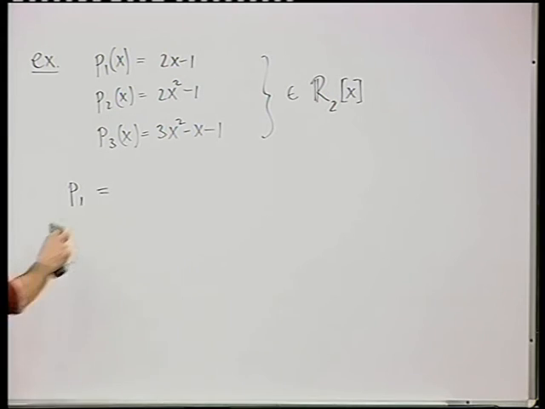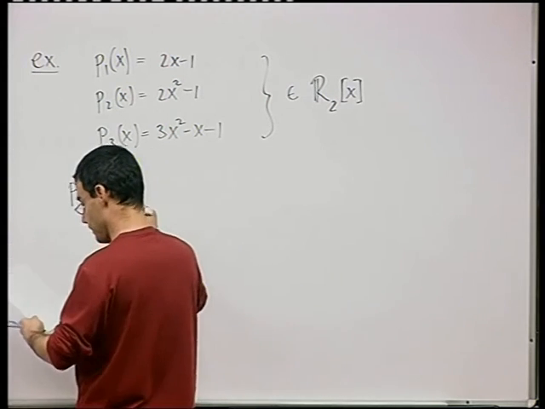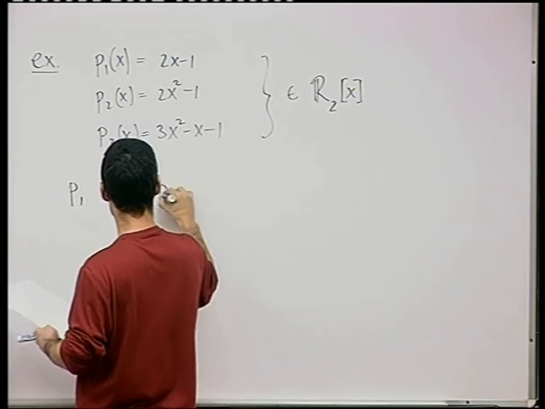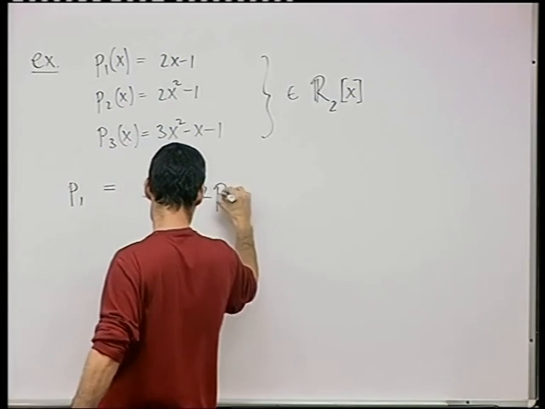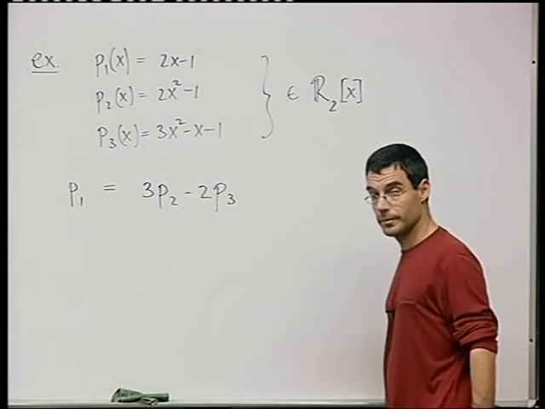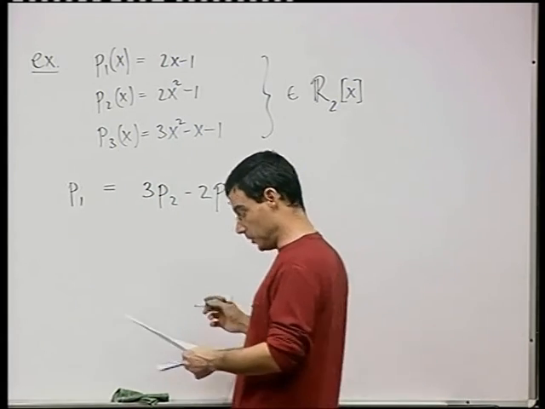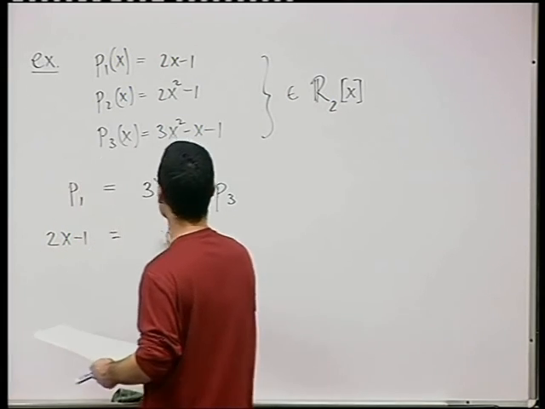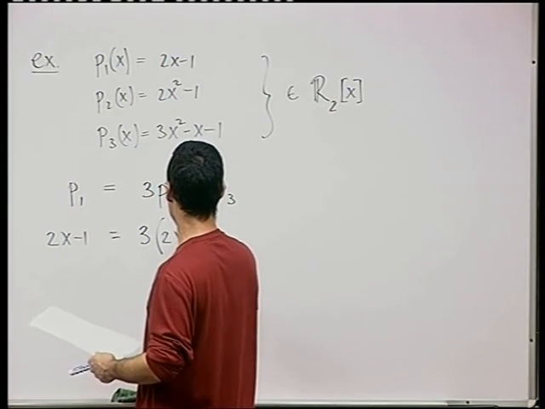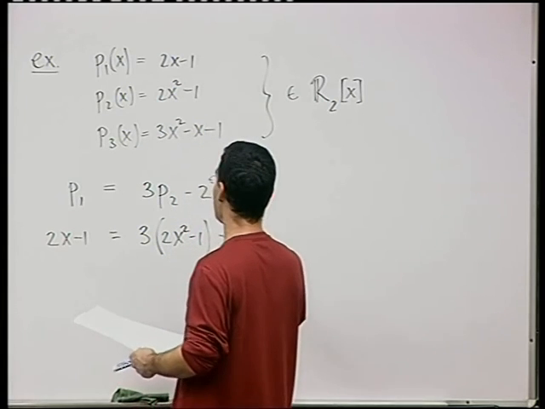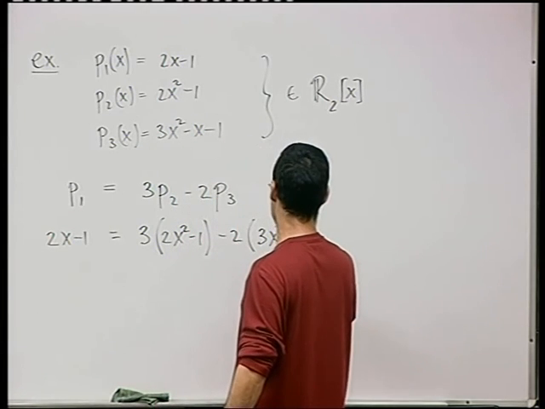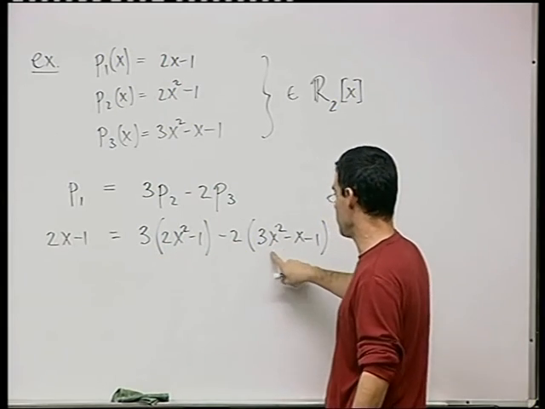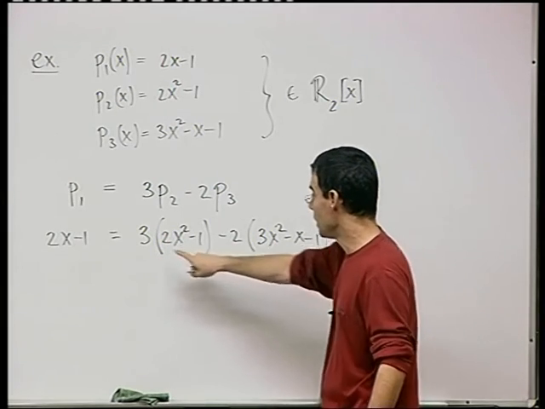But here's the fact. P1 equals 3P2 minus 2P3. Let's do it precisely. P1 is 2x minus 1. This equals 3 times (2x squared minus 1) minus 2 times (3x squared minus x minus 1). You can verify this. So you have 6x squared minus 6x squared gone.